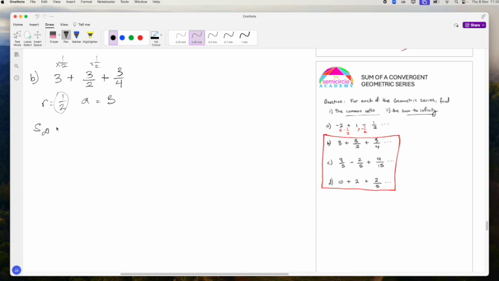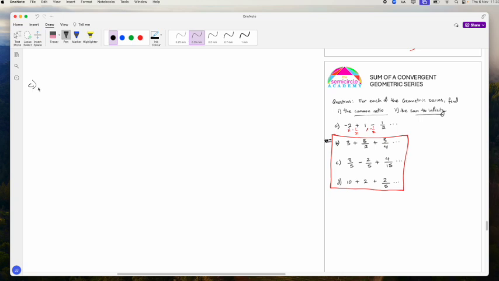So the sum to infinity is A, which is 3 over 1 minus R. Just recall, the sum to infinity is A over 1 minus R. So it'll be 3 over 1 minus a half, which is 3 over a half, which is 3 times 2, which is 6.